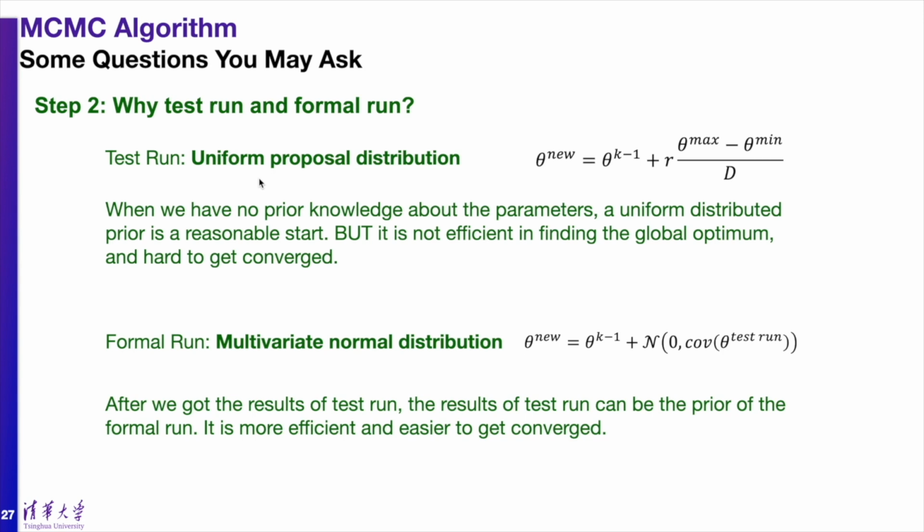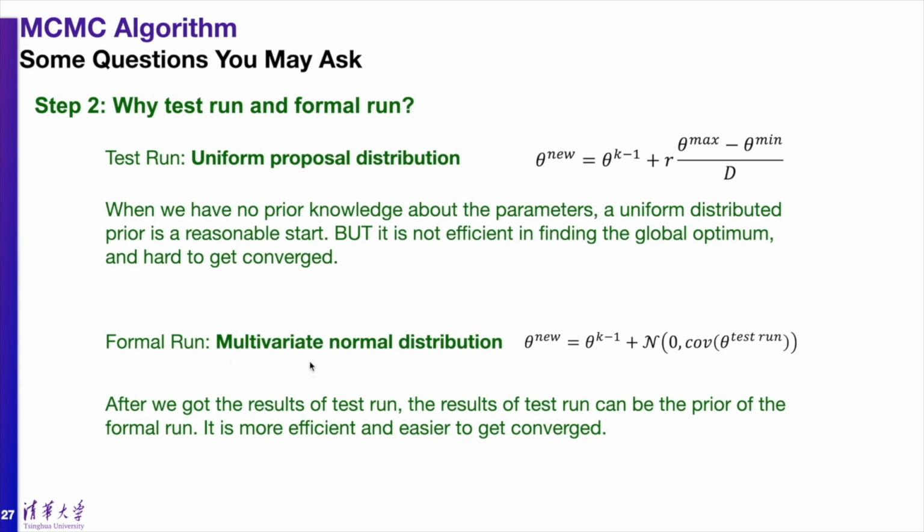However, it is not very efficient and could be difficult to get the results converged. So we can first use the uniform proposal distribution in the test run, and after a few iterations, we use the posterior information in the test run as the prior information in the formal run.